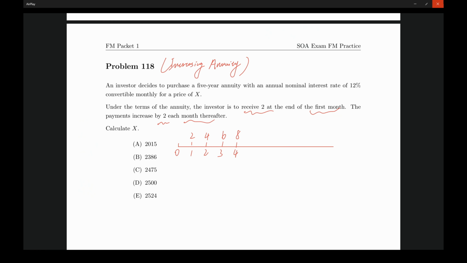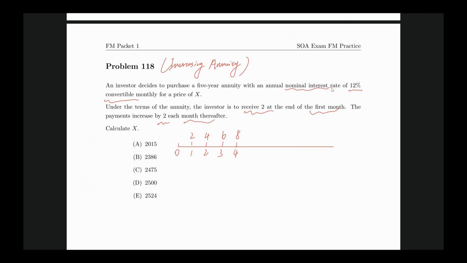Okay, and let's see, the annual nominal interest rate of 12% convertible. I like the word convertible here because I can always convert it very simply by just dividing. This is monthly, so divide by 12. So 12% divided by 12 gives us the effective interest rate monthly, which is 1% per month.